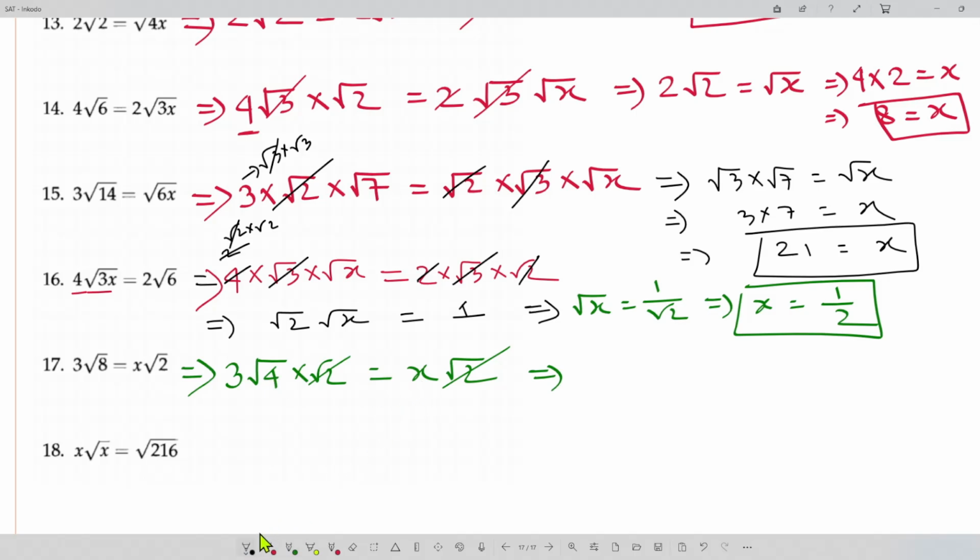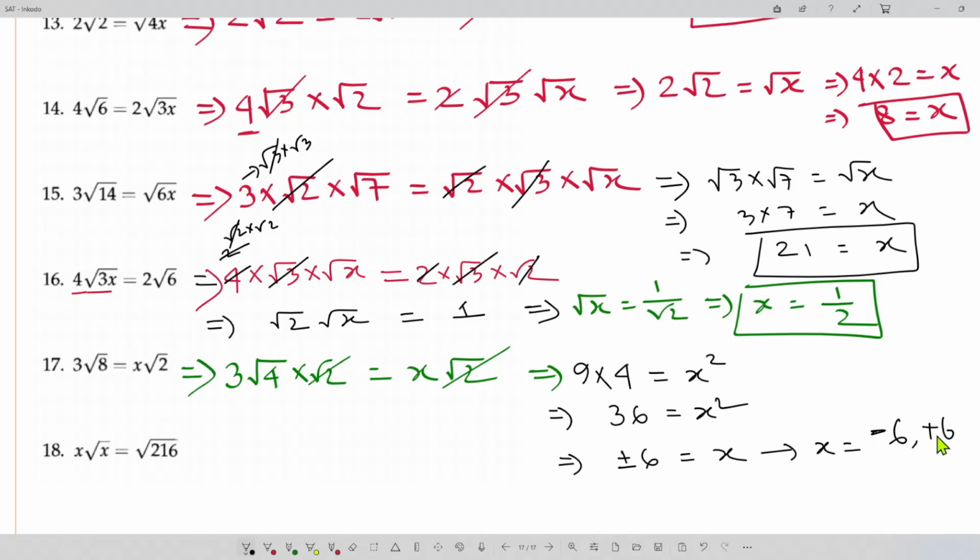Now if we square both sides, 3 will become 9 times root 4 will become 4, and here is x squared. So 9 times 4 is 36, and here is x squared. Finally once we take the square root of both sides, we get plus or minus 6 equals x. So x equals either minus 6 or plus 6.